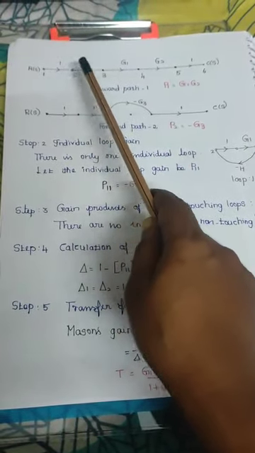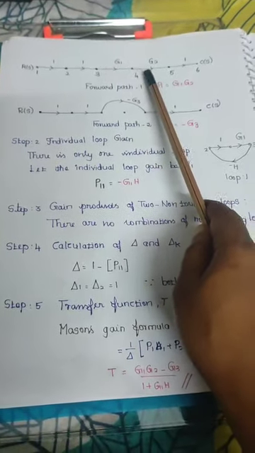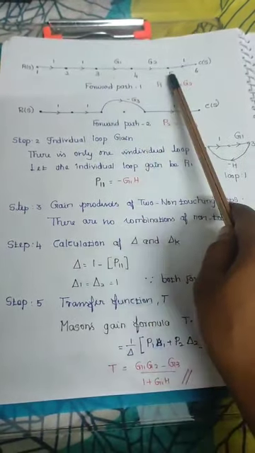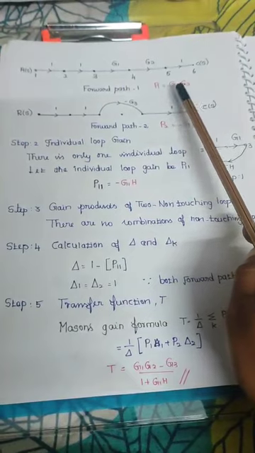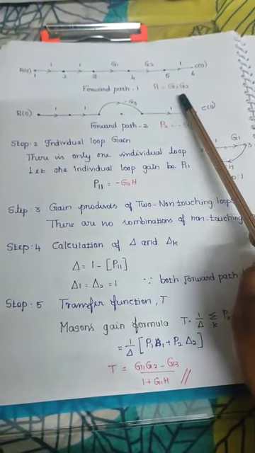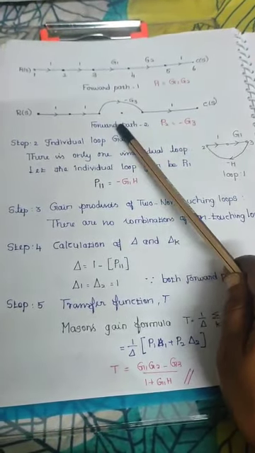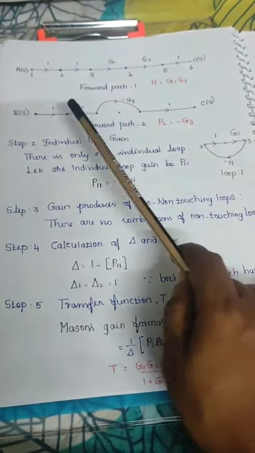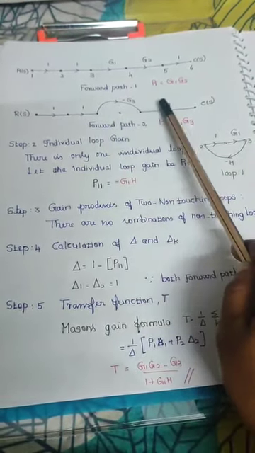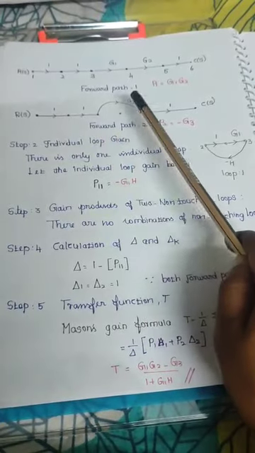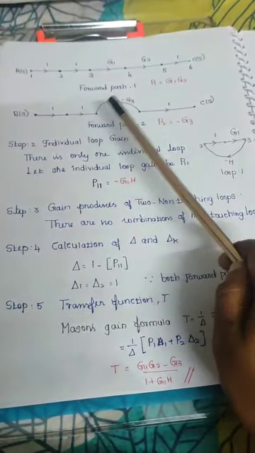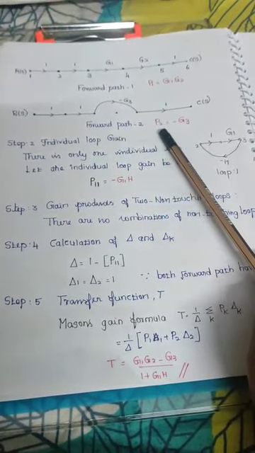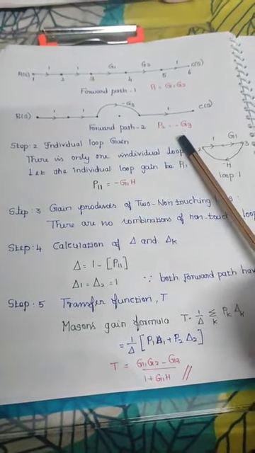Here 1, 1, G1, G2, 1. Multiply all the values. P1 is equal to, substitute, multiply the values and write the answer. Then what about forward path 2? Here also so many values are present above the nodes. 1, 1, minus G3, 1. If you are multiplying all the values, we get P2 is equal to minus G3.